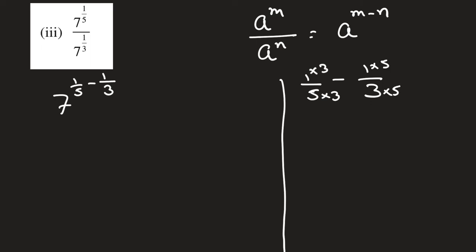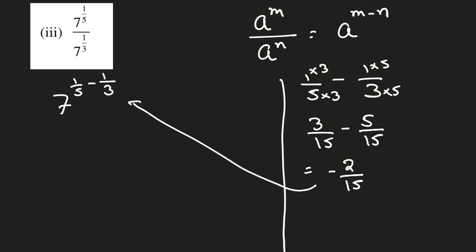So what do I get? Now the fraction is 3 over 15 minus 5 over 15, and 3 minus 5 is negative 2 over 15. So now I can use this over here, which is 7 to the power negative 2 over 15. That is the answer.